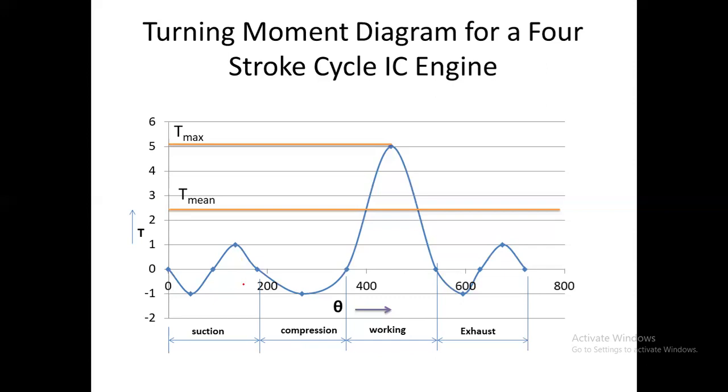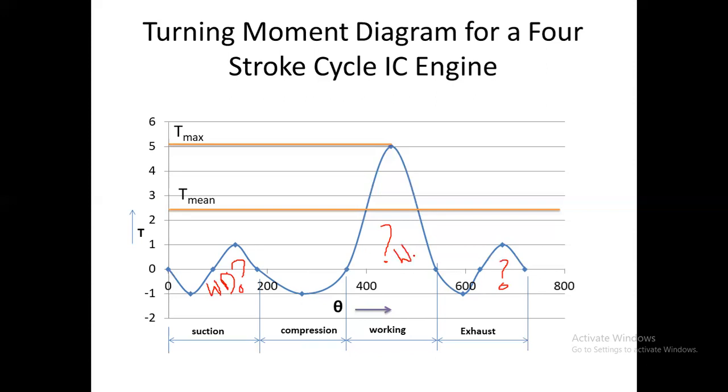The use of this turning moment diagram is that the area under it gives you the work done per cycle, that is, how much work is done per cycle.